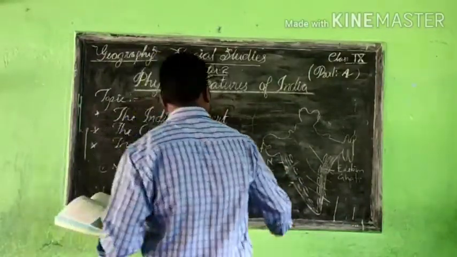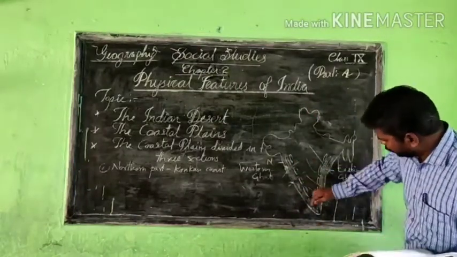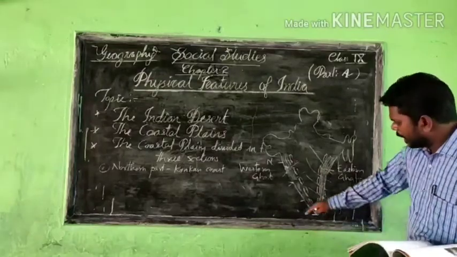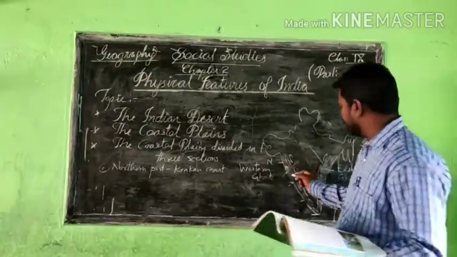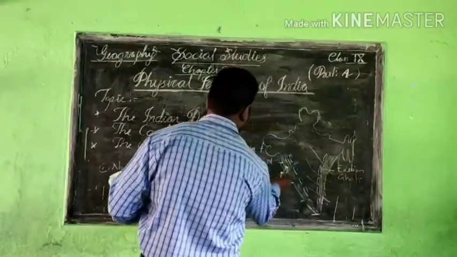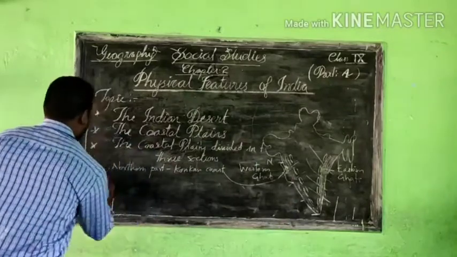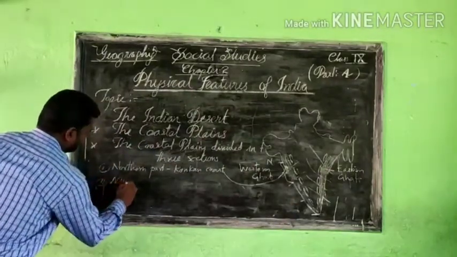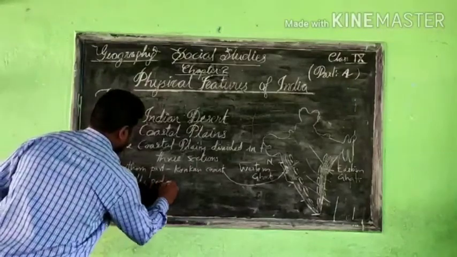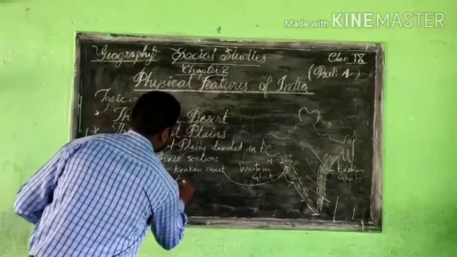You know that this is the Western Ghats and the Arabian Sea, and these coastal plains are divided into three. This part, mainly from here to there, is called the Konkan coast. The second, the middle part, we can understand as the Kannad plain.